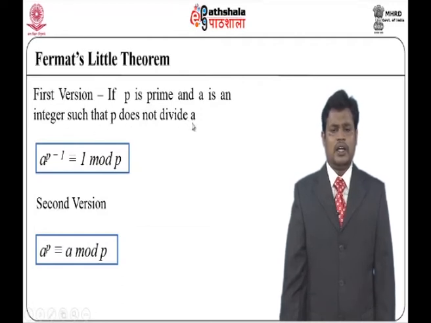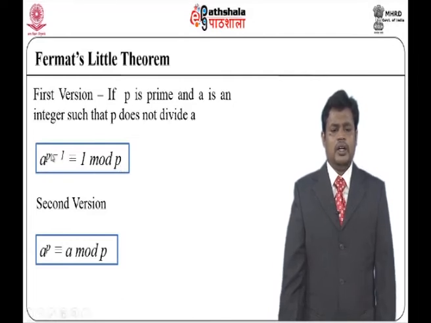Before I apply this theorem, I have to verify that p, the modulus, must be a prime number, and a is such that p does not divide a. Then I can say that a power p minus 1 is congruent to 1 mod p.